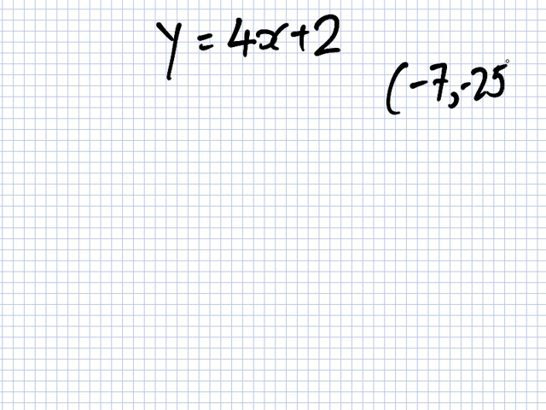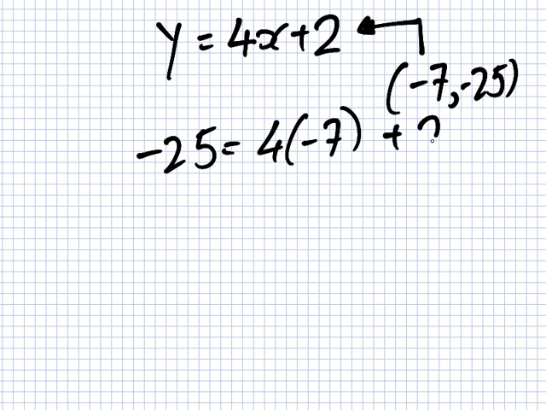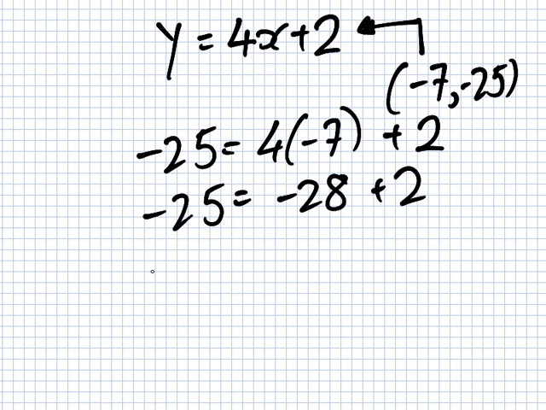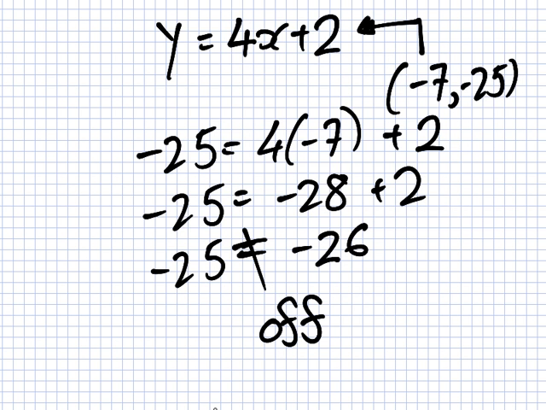Okay, let's put it in and see what happens. Minus 25 equals 4 times minus 7 plus 2, minus 25 equals minus 28 plus 2, minus 25 equals minus 26, so that's clearly wrong, so it is off the line. It's not on the line. Yeah, okay, that's all fine.